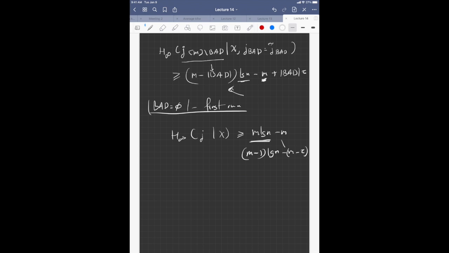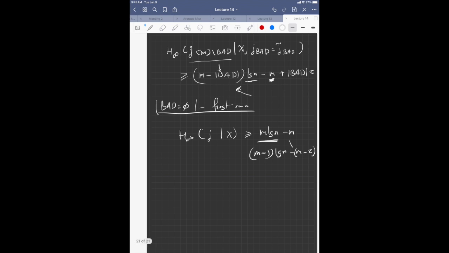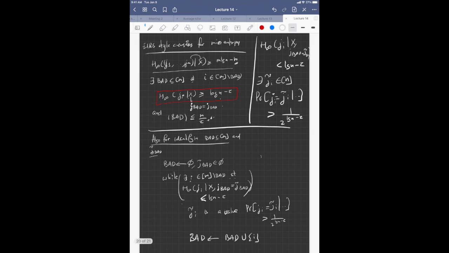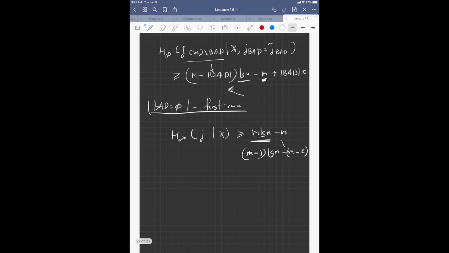And proving this is just by definition of mean entropy, and the fact that the j tilde I that we fix for j bad satisfies this. If we maintain this invariant, we can see that this mean entropy can never be smaller than 0.